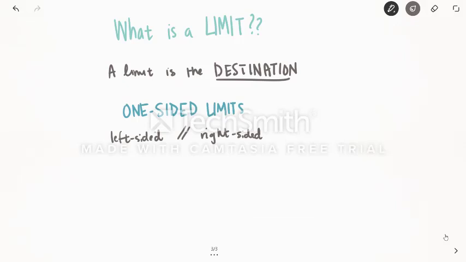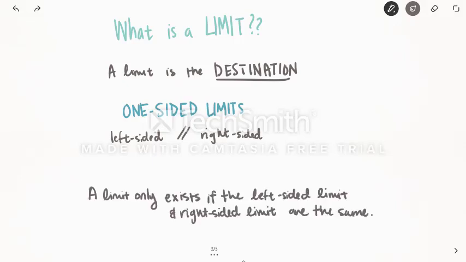Now, if it is not specified that we're looking just from the left or just from the right, we want to assume we're looking from both. And the only way that a limit is going to make sense is if both of those roads go to the same place. We need a common destination.